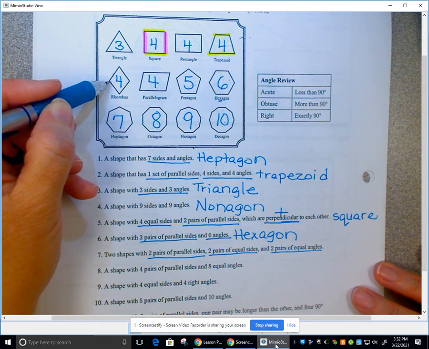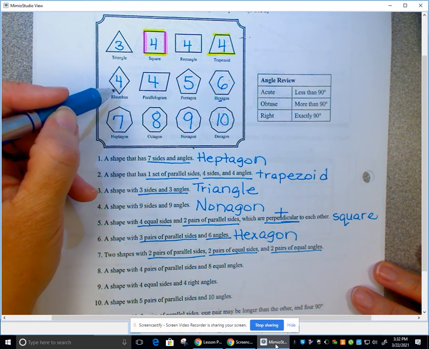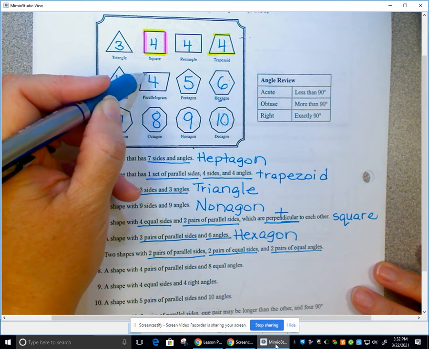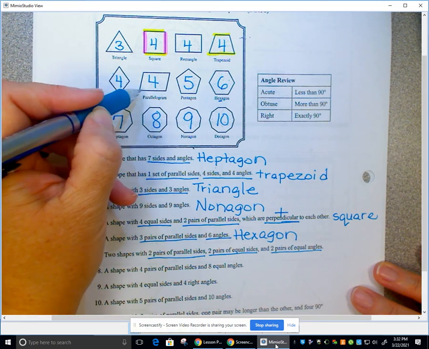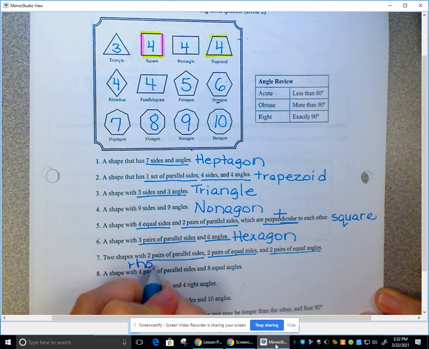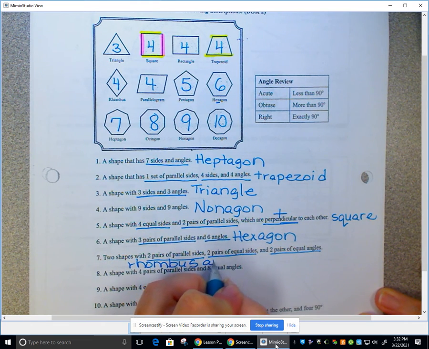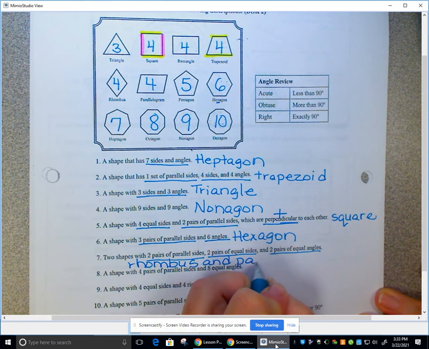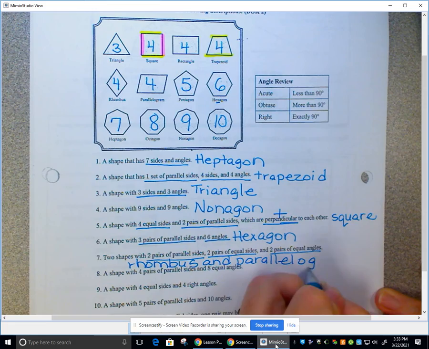This angle, that's where they meet, is equal to that angle. That angle is equal to that angle. So that's going to be our rhombus and parallelogram. You spell parallelogram.